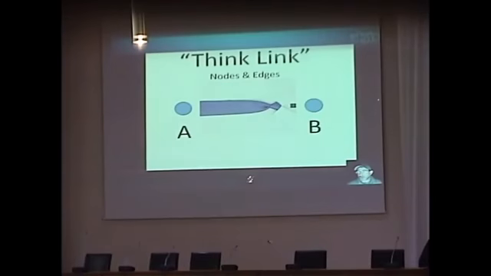And the goal of our application, the NodeXL application, is to facilitate a way of thinking, to encourage people to essentially think link, to, in their research, imagine not just the attributes of A and B, but to explore the ways in which A has a connection to B, or, under some circumstances, B has a connection to A. And in network theory, it's important for you to understand that not all edges flow in both directions.